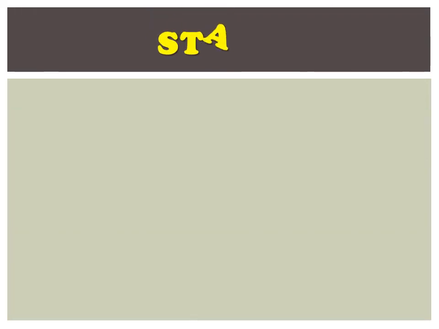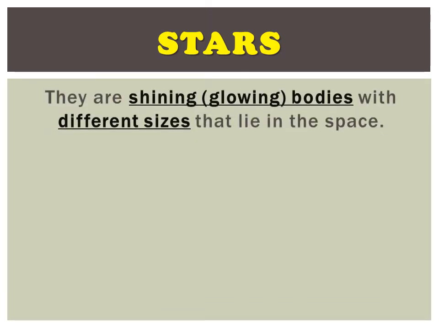Can you tell me the definition? Okay, try to make a definition for the stars. First, they are glowing or shining bodies with different sizes that lie in the space.